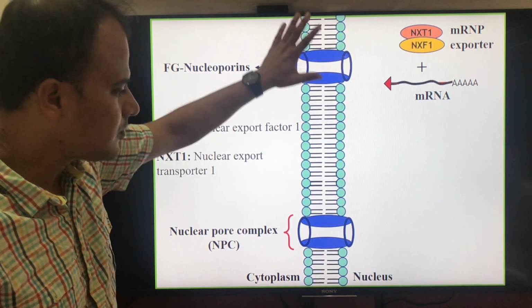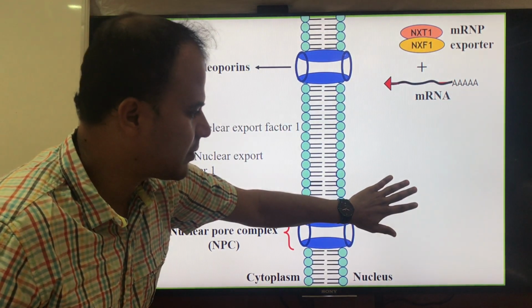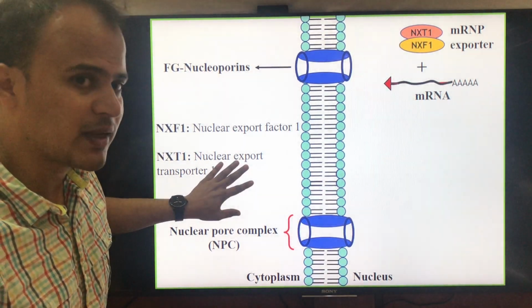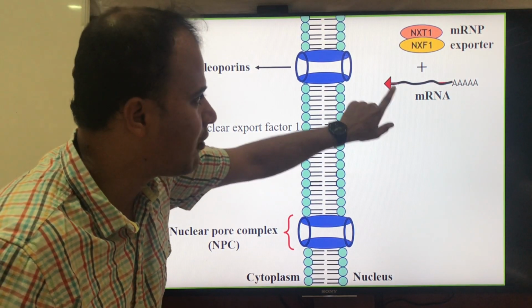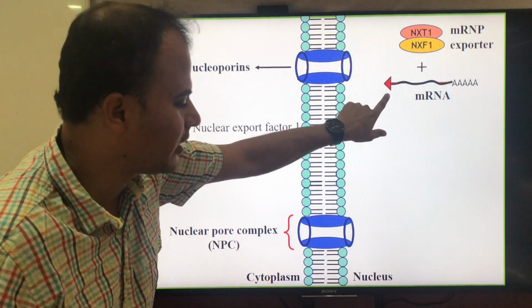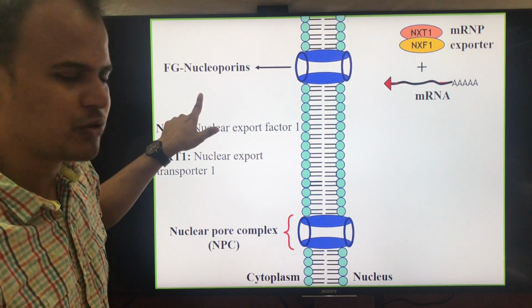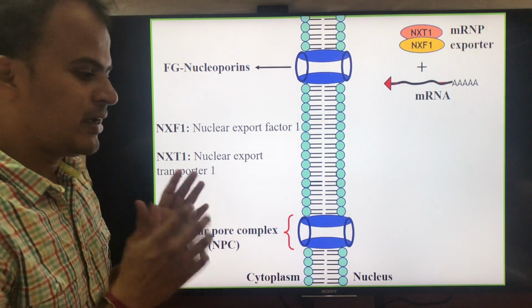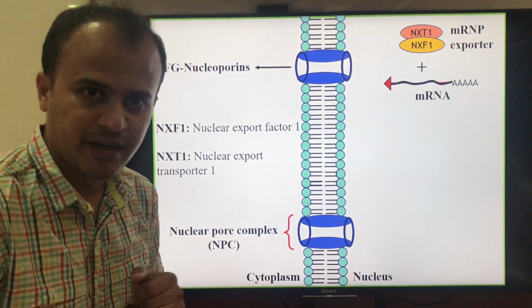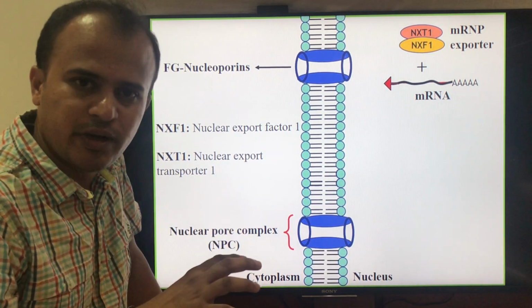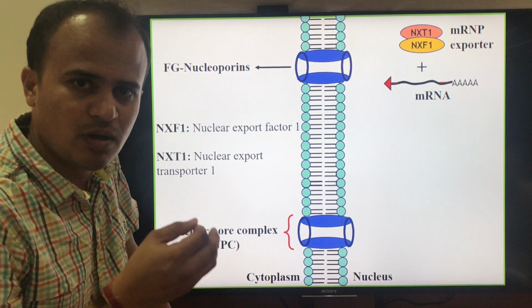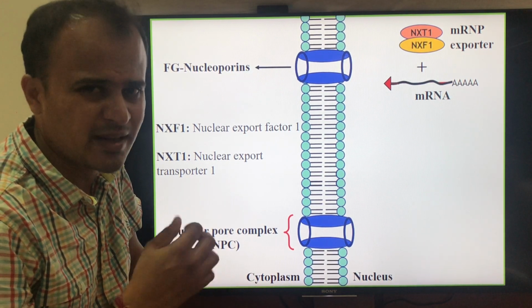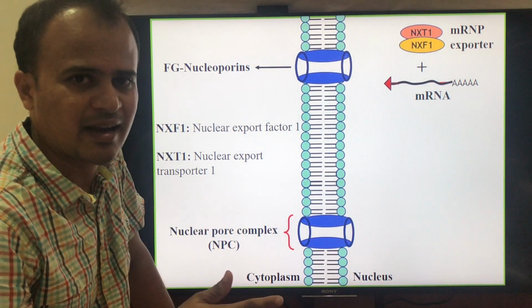This is the nuclear compartment and this is the cytoplasmic compartment. Now we have our mRNA in the nucleus. It has to be transported to the cytoplasm. Let's see how this process takes place. In the case of rRNA and tRNA, they are transported through a process utilizing proteins called importins, exportins, and RAN.